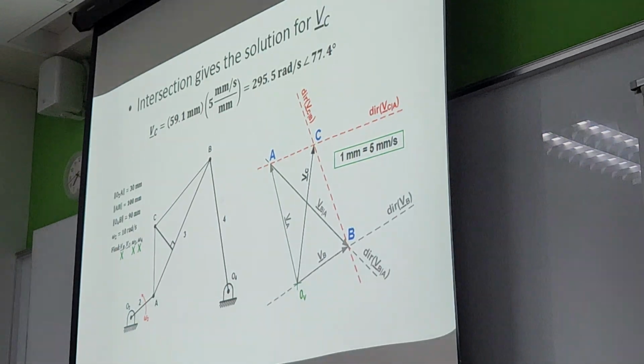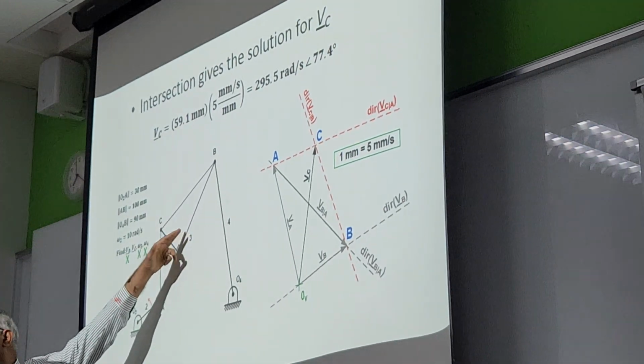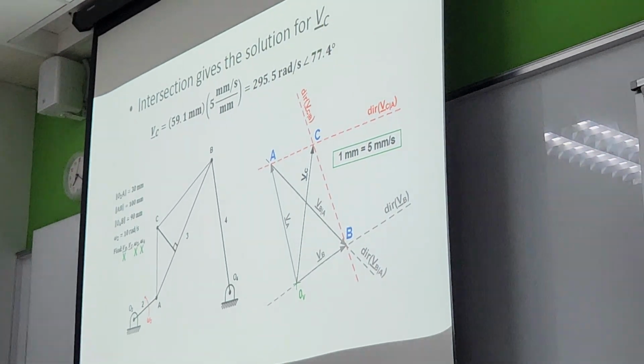So this is just to extend our knowledge. Now we can find out the velocities on any point of the link. Suppose you have one point here, another point here, another point here. There is no need to plot velocity polygons again.